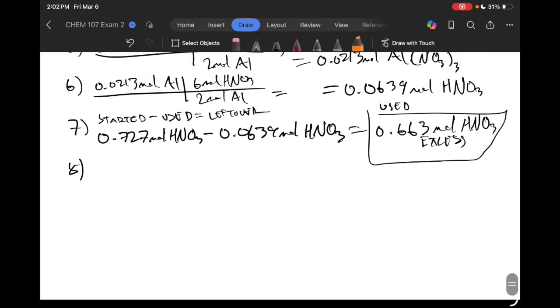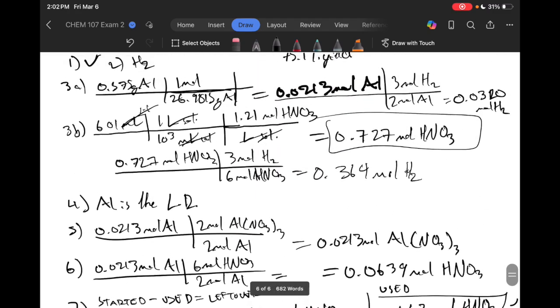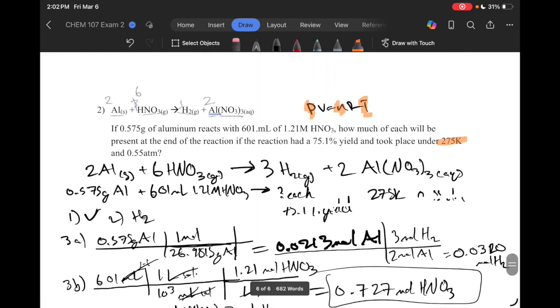So going back down to step 8. Okay, so PV equals nRT. Let's just plug in the values that we already know. So it was collected at 0.55 atmospheres. I forgot to write it down here. I apologize.